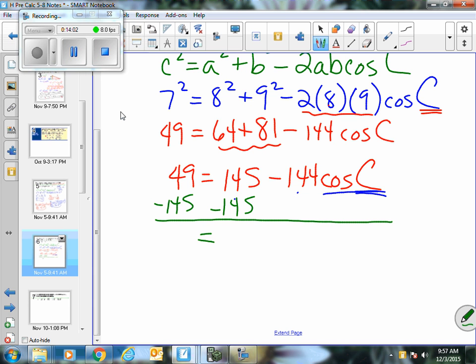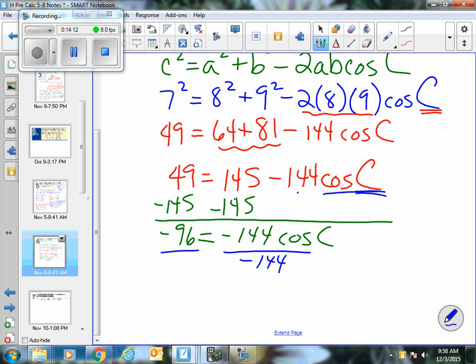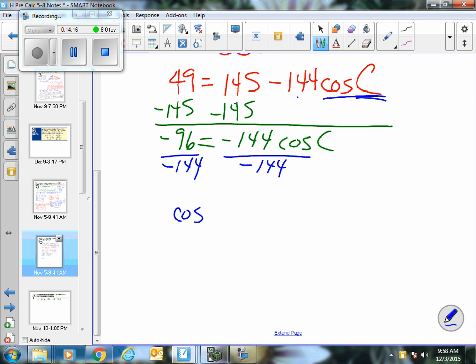All right, so we subtract the 145 on both sides. Looks like that's negative 96. Then we're going to divide by the negative 144, and over here as well. And I'm going to bring my variable over to the left. So my cosine of C would be negative 96 divided by negative 144, whatever that is.